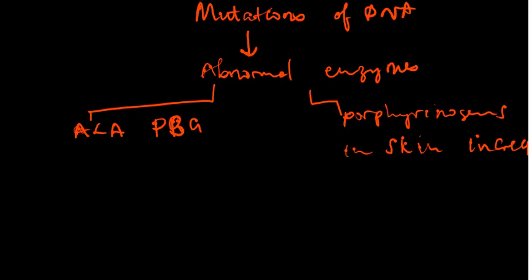There is also spontaneous oxidation of those porphyrinogens to porphyrins. Those porphyrins are going to be highly active, and if they're active, the person is going to be photosensitive, so they'll be sensitive to light because of that.